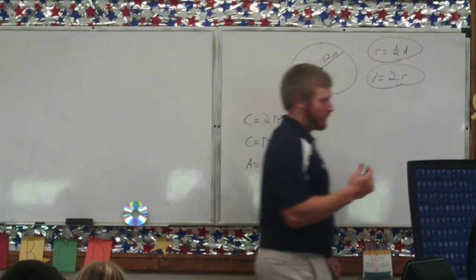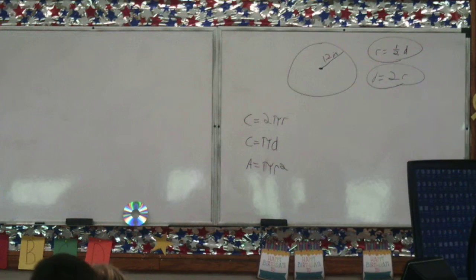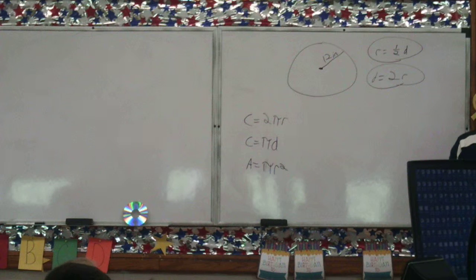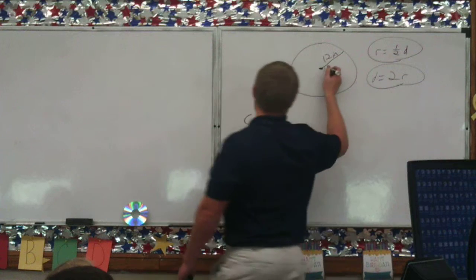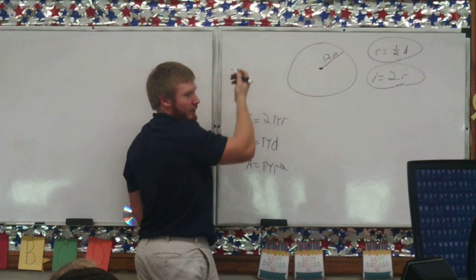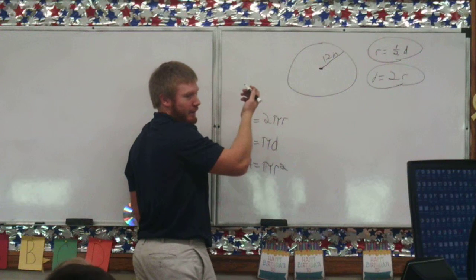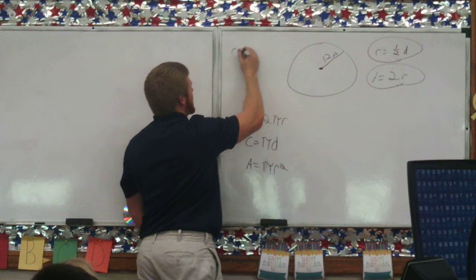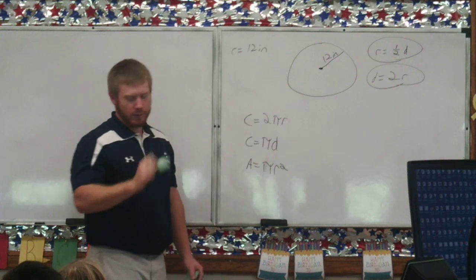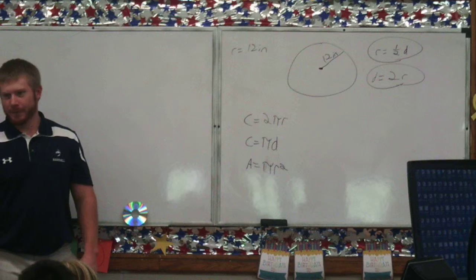Whenever we're working out the circumference and area of circles, no matter what the circle gives us, if it gives us the diameter or the radius, we're going to find both first before we work out any problems. So Molly, what do we already have? 12 inches. Is it radius or diameter? Radius, right? So our radius is 12 inches. Gabe, what would be my diameter?